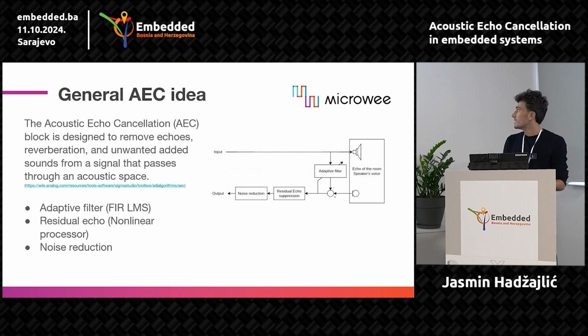So in the room we have a real-world filter, and here we are trying to adapt our filter to match that, and then as the output of this sum, we want to have only the clean signal, which is our voice, as we are speaking to the device. That's the general idea about echo cancellation.